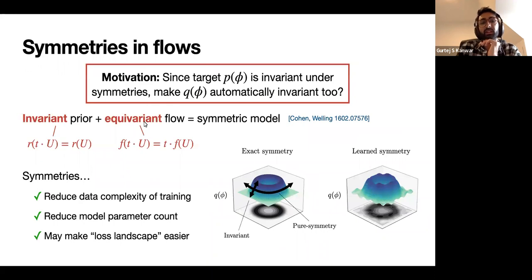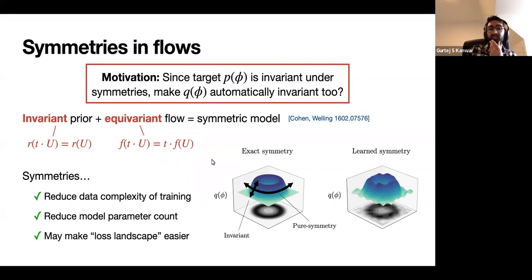So it turns out that to make a symmetric model, it's sufficient to make this prior distribution, where you originally got your samples from before doing this invertible transform, invariant under the symmetry, and to make this invertible transformation just equivariant. So a transformation of the input is equivalent to that same transformation applied to the output.